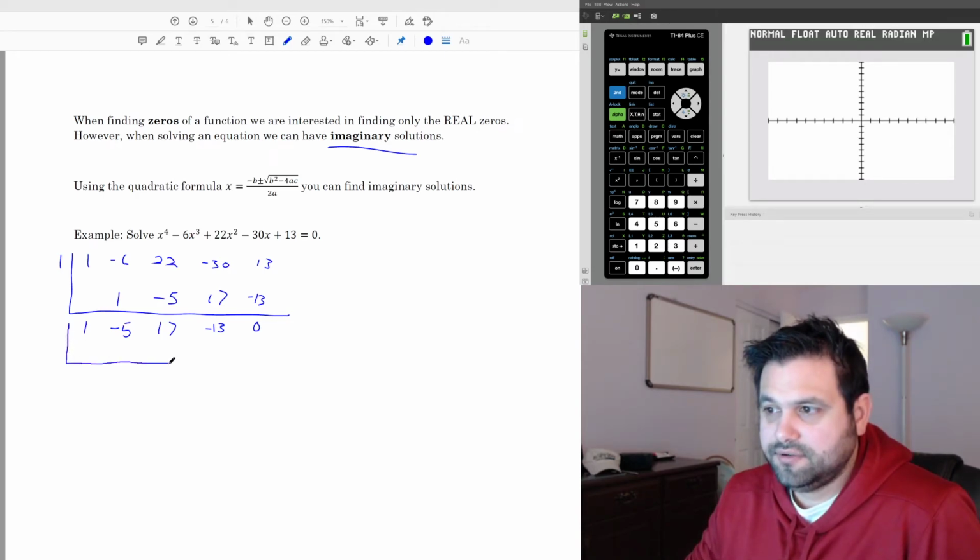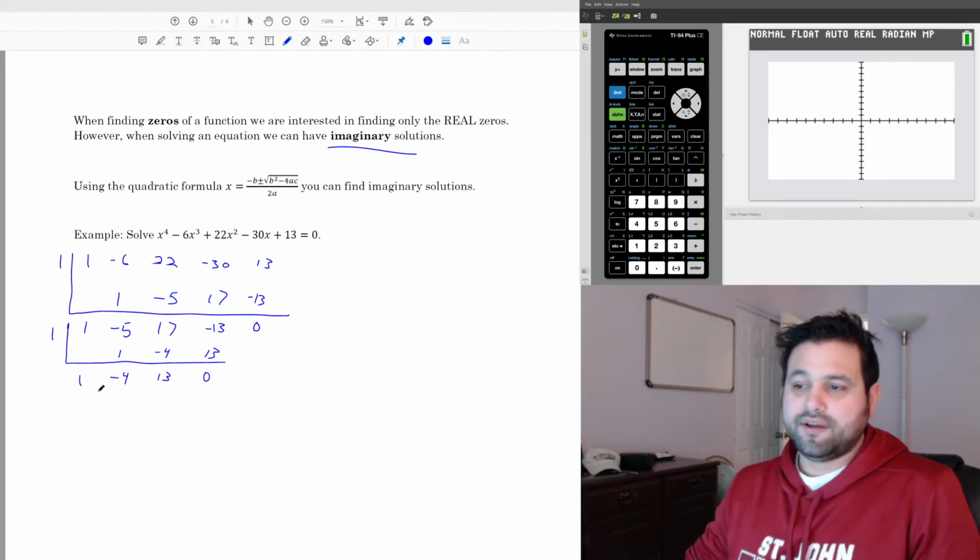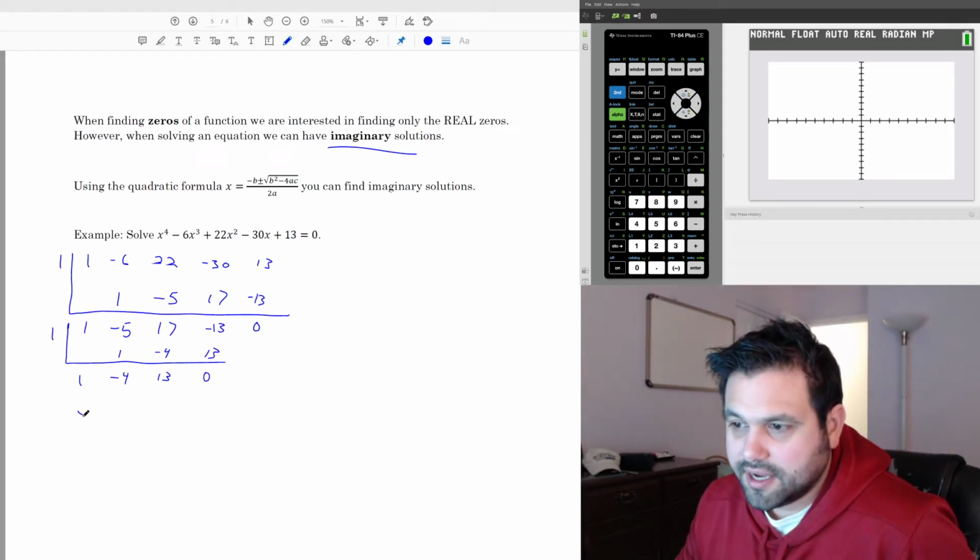So if I do that again, let's see if this works again. So this would be -4, and then -4, so 13, and then 13, and then 0. Yeah. So that works. So now what I've done is I've gotten down to x squared minus 4x plus 13.